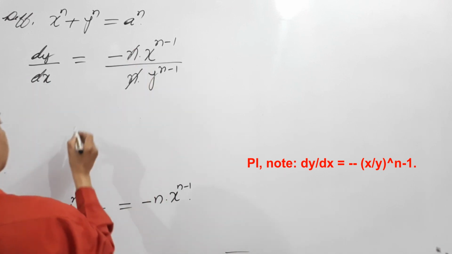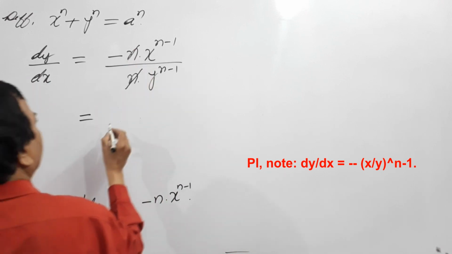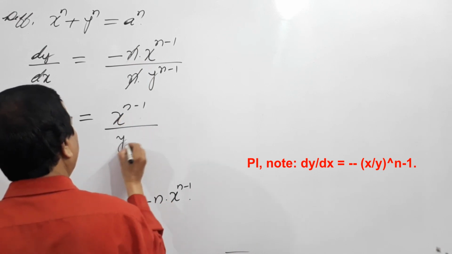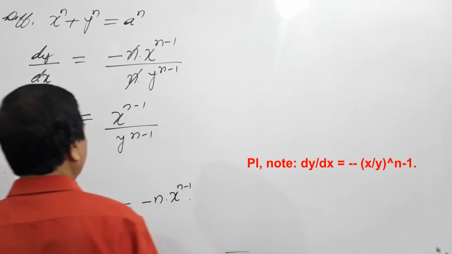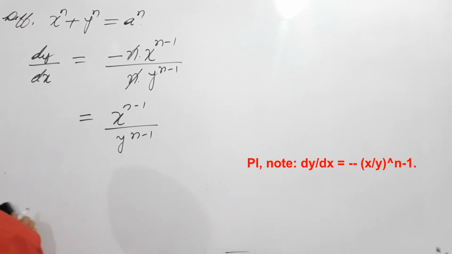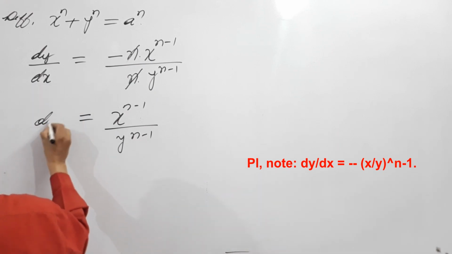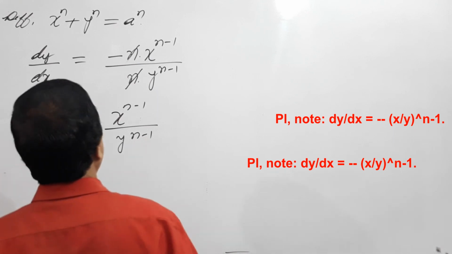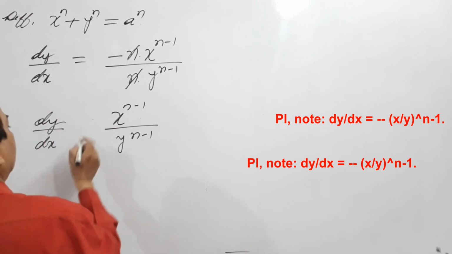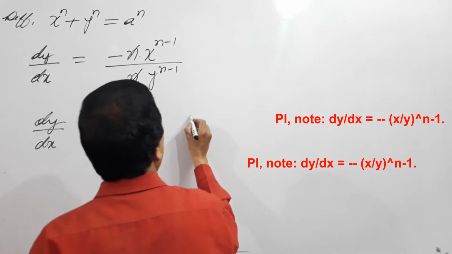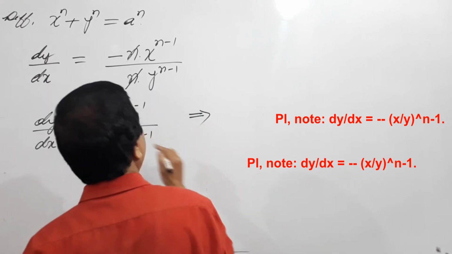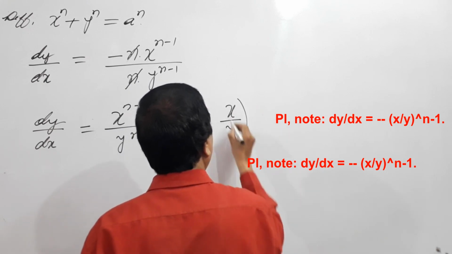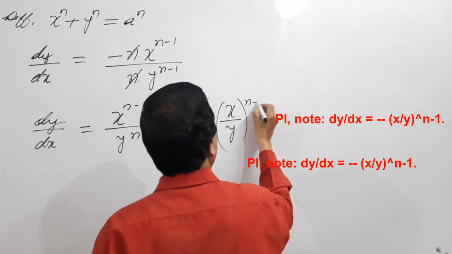So what happens here? n and n cancel. We are left with x to the power of n minus 1 by y to the power of n minus 1. On the left hand side we have dy by dx. So this is nothing but I can write this as x by y to the power of n minus 1.